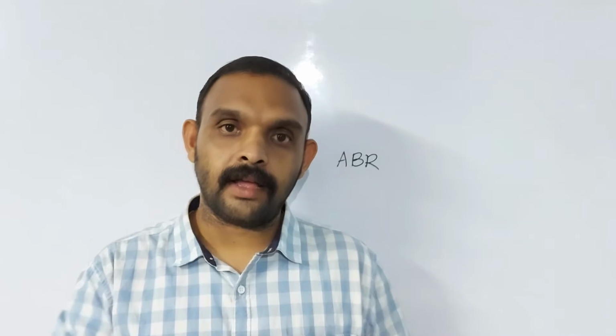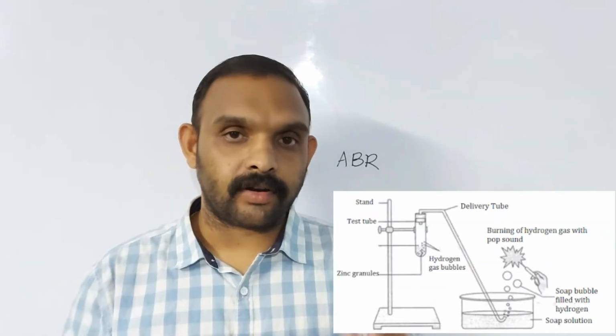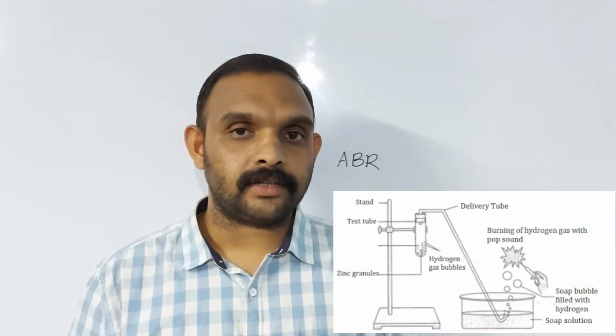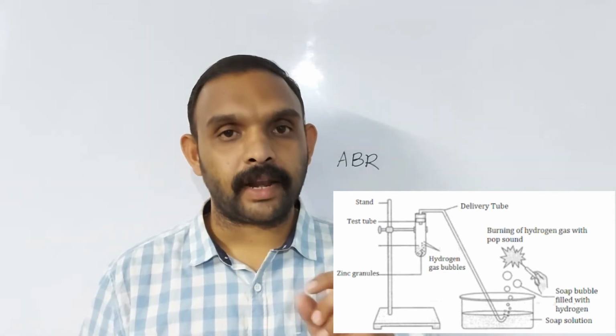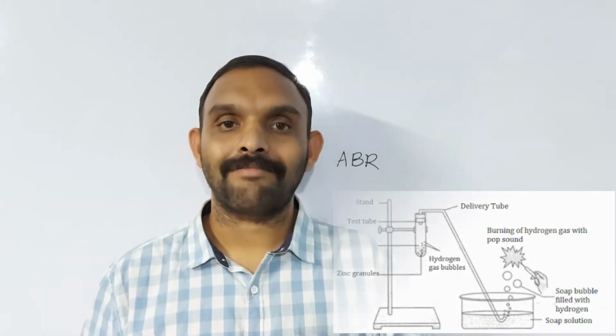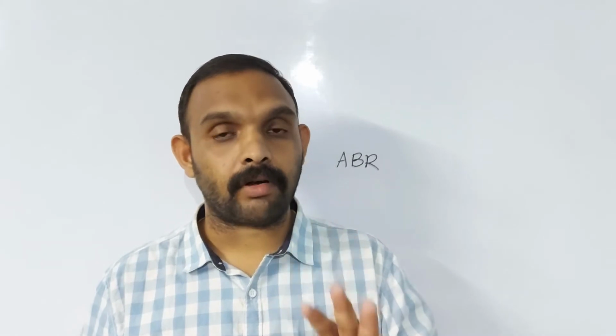You can see the examples on the screen. And third property is that whenever an acid reacts with metal carbonates or metal hydrogen carbonates, it will give out 3 important products: metal salt, carbon dioxide gas and water.